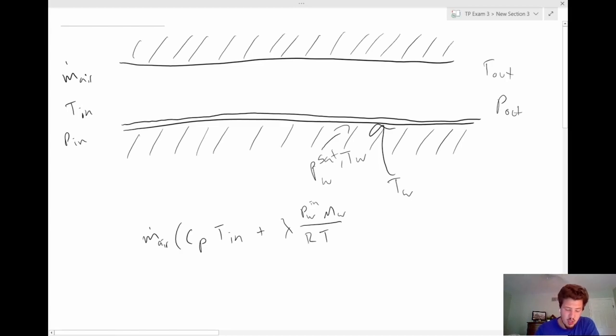Now we know that our units are kilograms per second for the mass flow rate. Our heat capacity is joules per kilogram Kelvin. And we have our heat of vaporization, which gives us joules per mole.